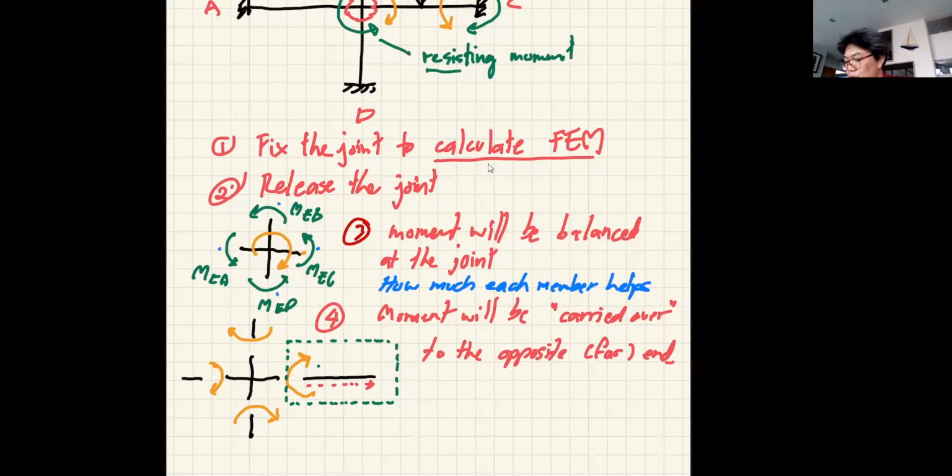And another question is, when this moment occurs to help balance, it must be on the member as well. And this moment will be sort of carried over to the opposite end. So the next question is, how much moment is carried over?